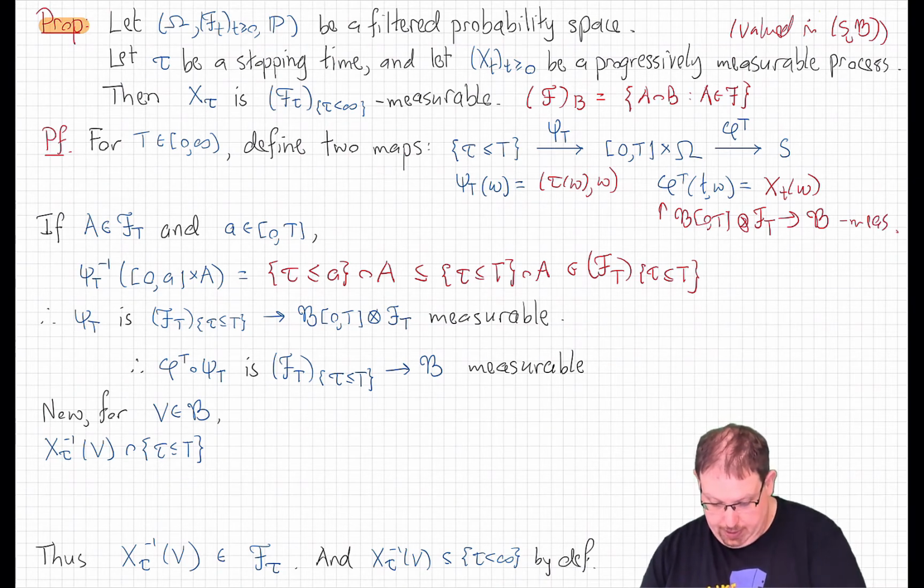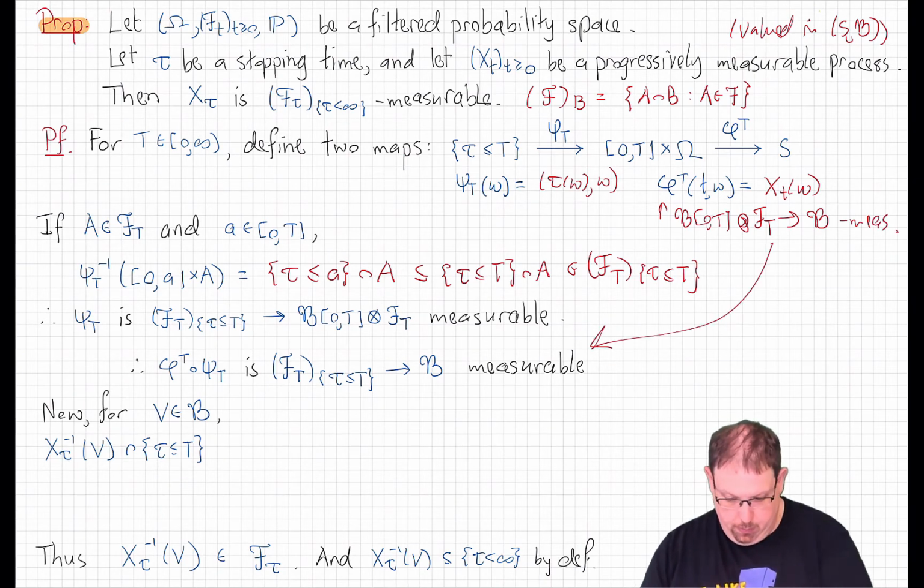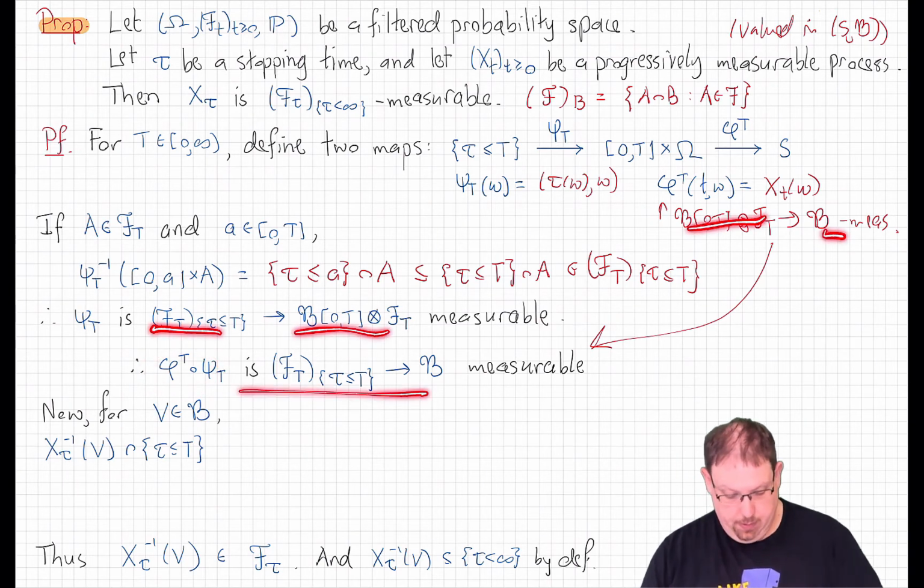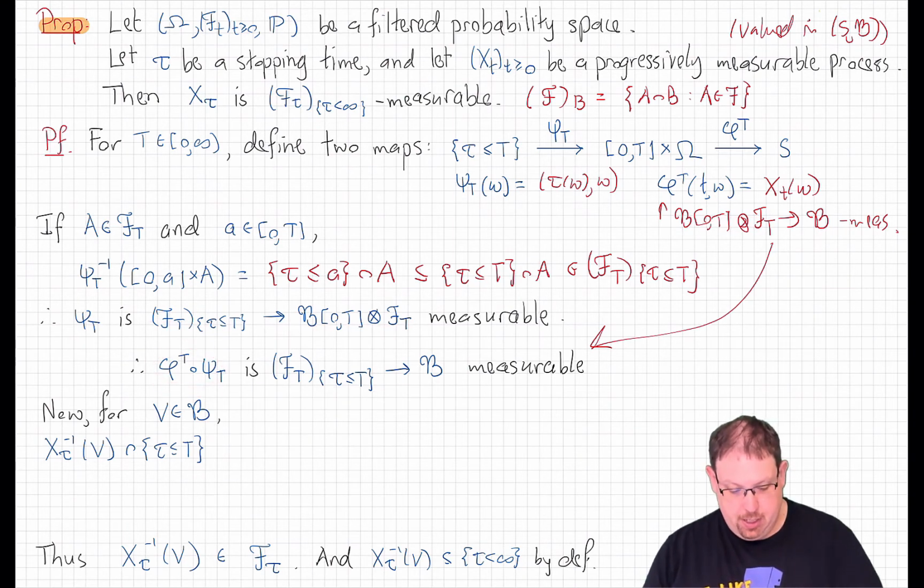So combining that with this statement here, we see that the composition of these is measurable from here to here. But this composition is just X_tau on the event that tau is less than or equal to t.